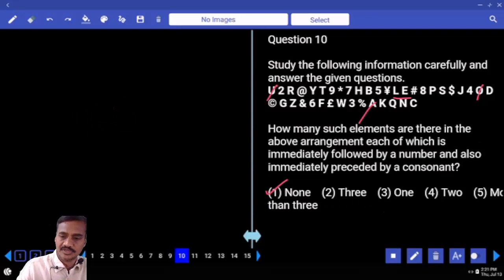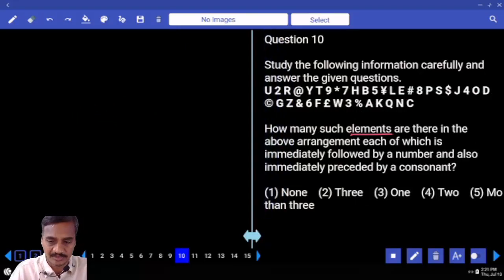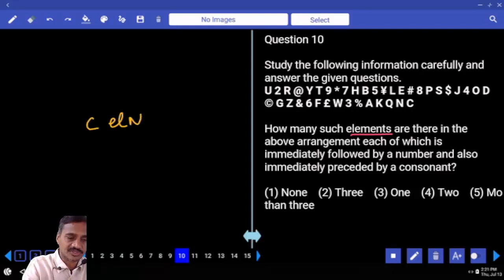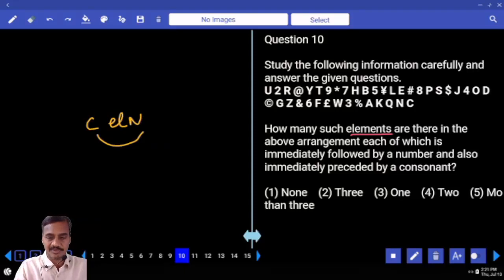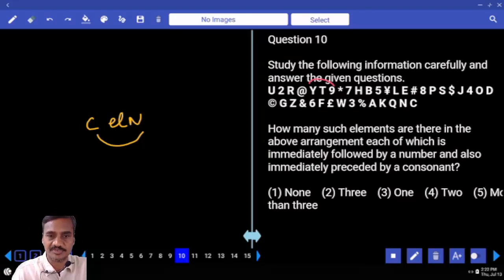And next the 10th one, how many such elements are there? Now he is talking about an element, each of which is immediately followed by a number and preceded by a consonant. Now if the element is here, followed by a number and preceded by a consonant, the consonant and the number must be in alternate places. Consonant and number in the alternate places, then consonant and number.